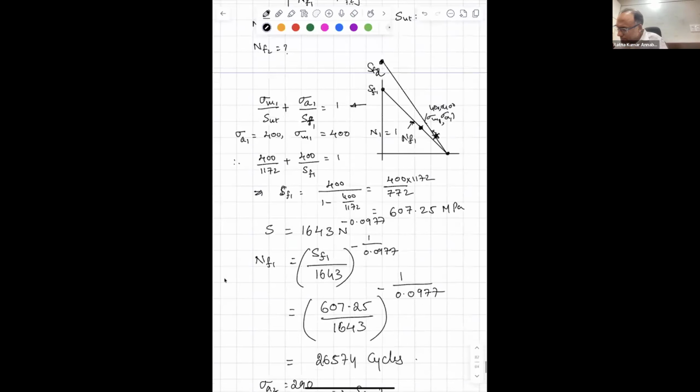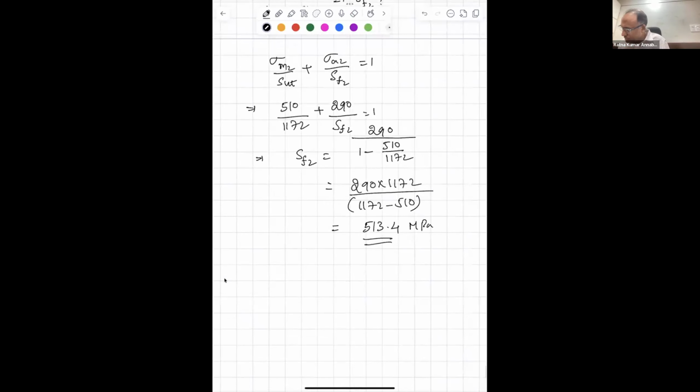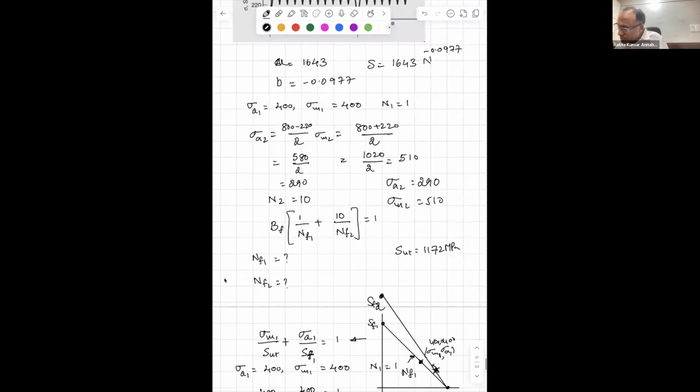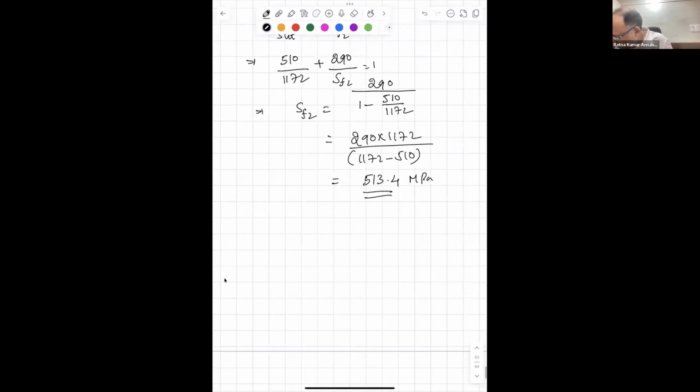Okay, fine, 513.4 MPa. Maybe it could be here, no? It need not be outside. The point could be here or here. It depends on where the point is. Anyway, so 513.4 MPa.